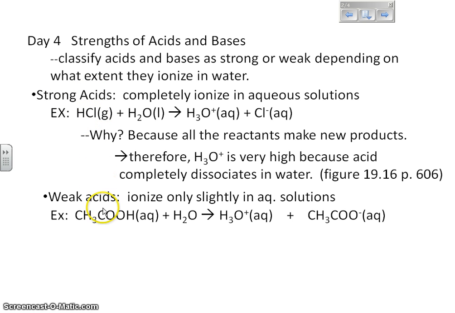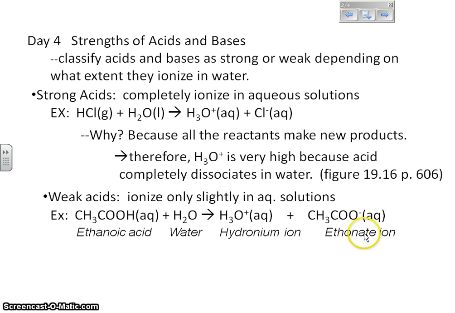But when you see a weak acid and you see what takes place, the ionization is only slight, and we still see remnants of the original reactant right here. CH3COOH ionizing goes on, this H goes to the H2O and attaches there, and we have the ethanoate ion.